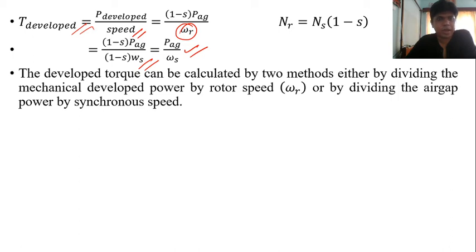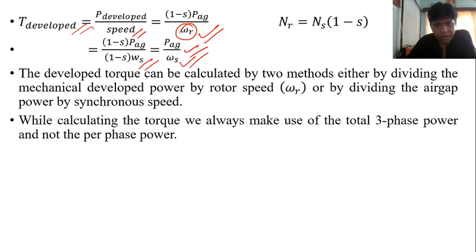Now the developed torque can be calculated by two methods, either by dividing the mechanical developed power by rotor speed, or by dividing the air gap power by synchronous speed. Right. While calculating the torque, we always use the total three-phase power and not the per phase power, because in a three-phase induction motor we can calculate the power per phase, but we cannot calculate the per phase torque.